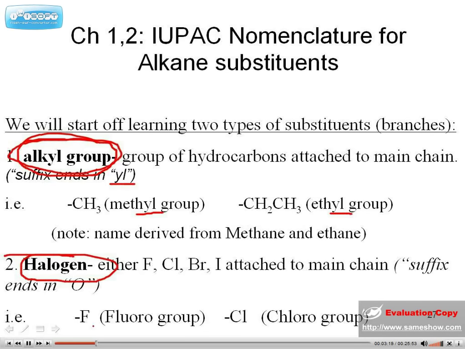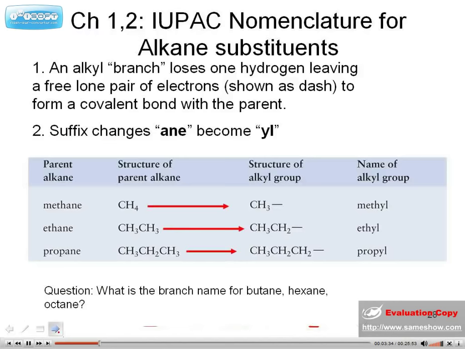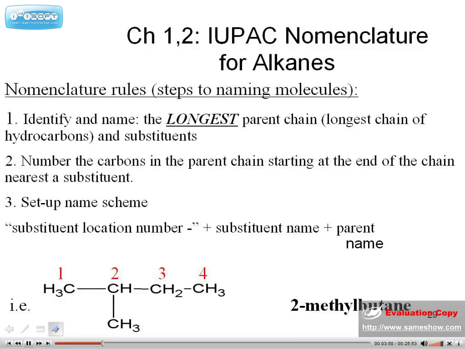For halogens, you change the halogen name ending to o. So fluorine becomes fluoro. Chlorine becomes chloro. So here's another slide showing the transition from ane to yl for alkyl groups. You'll be responsible for knowing all of these on future quizzes and exams.